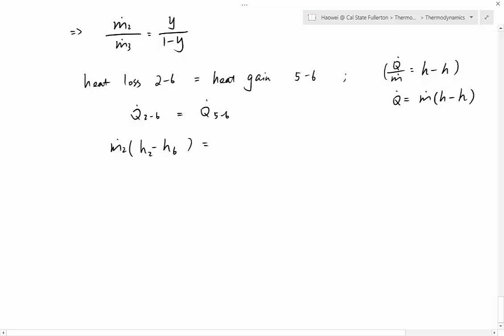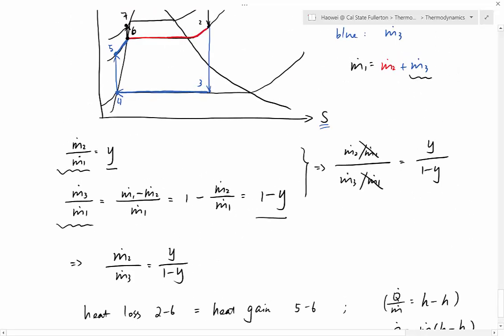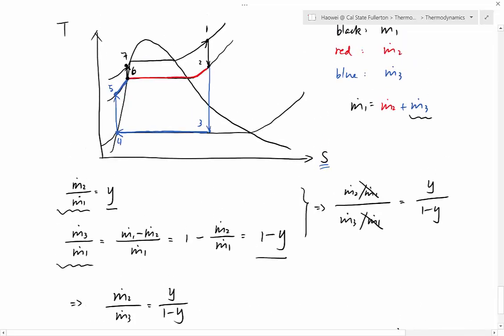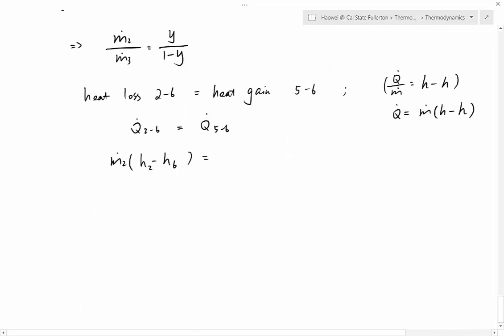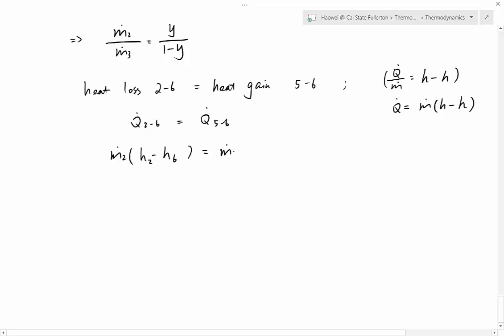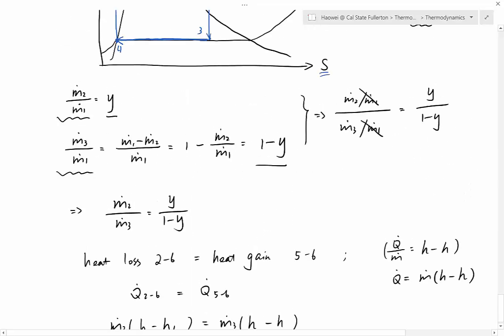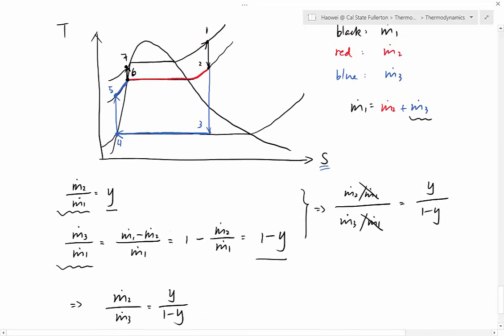What is the mass flow rate for 5 to 6? 5 to 6 is blue, so that's mass flow rate m dot 3, multiplied by the difference of the two enthalpies. Which one is higher, 5 or 6? If you take a look, 5 is cold water going in, 6 is warm water comes out. So number 6 must be higher.